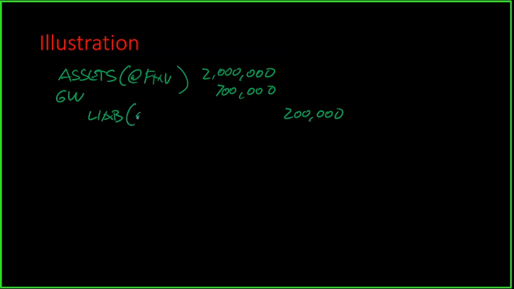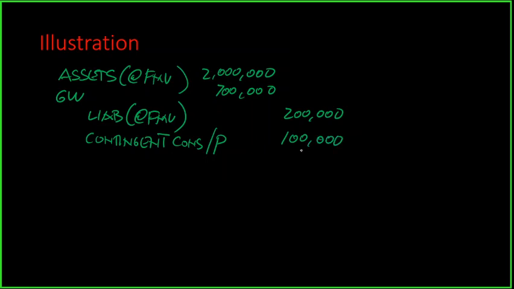You measure your liabilities, and it's given at 200,000, also at fair market value. And then you have your contingent consideration payable at 100,000. And you have your ordinary shares.